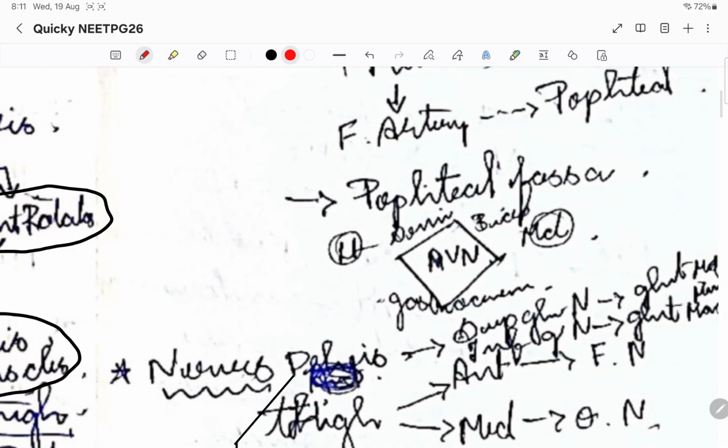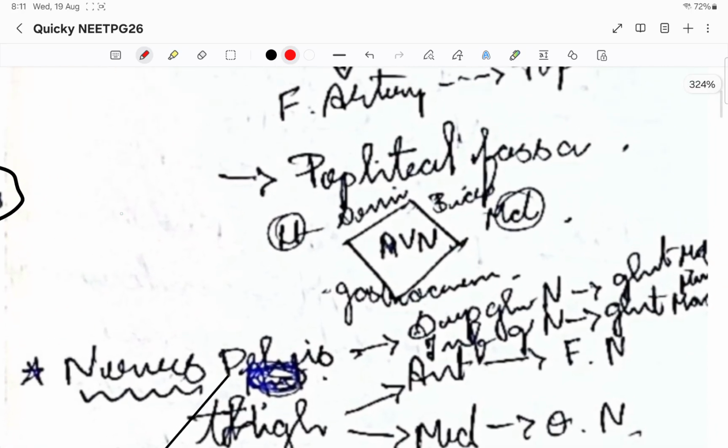Then moving on, with respect to the popliteal fossa, the boundaries are the semitendinosus, biceps femoris and gastrocnemius muscle. I told you there is something called the hamstring muscles.